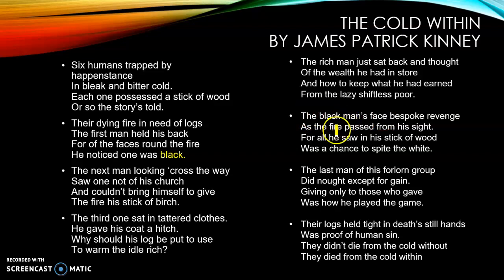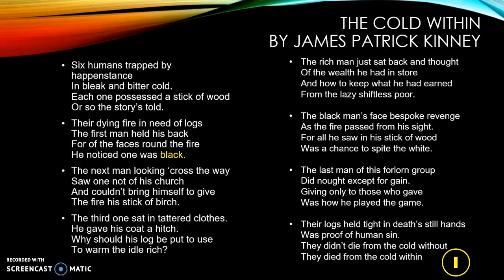The black man did not want to give it to the white man. And the last man just didn't want to give it because nobody else was giving it. So they all died from the cold. But they didn't die from the cold outside. They died from the cold within.